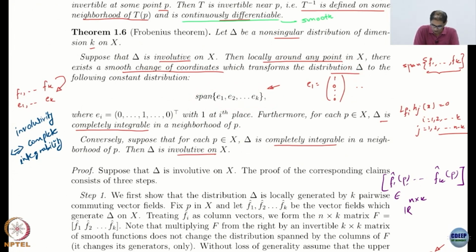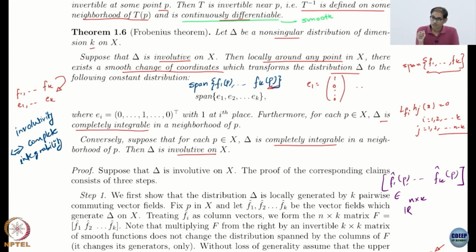I don't know if you can appreciate it yet. So what did I start with? The delta is a span of some k vector fields evaluated at a particular point.